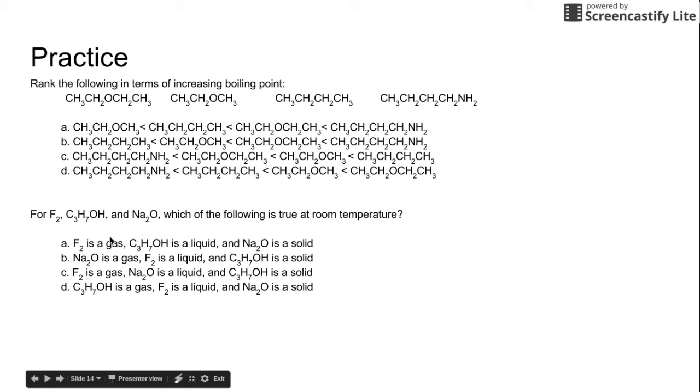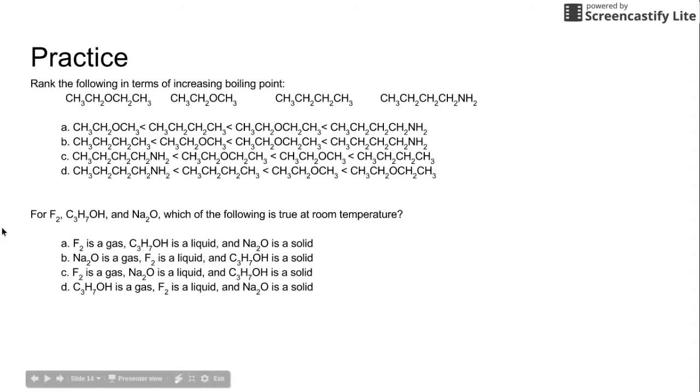They have weak intermolecular forces, so it takes less energy to break them. So the heat in the room is enough to break those intermolecular forces. If we have stronger and stronger intermolecular forces, if it can break some of them, it's a liquid. If the heat in the room can't break any of the intermolecular forces, then it is a solid.